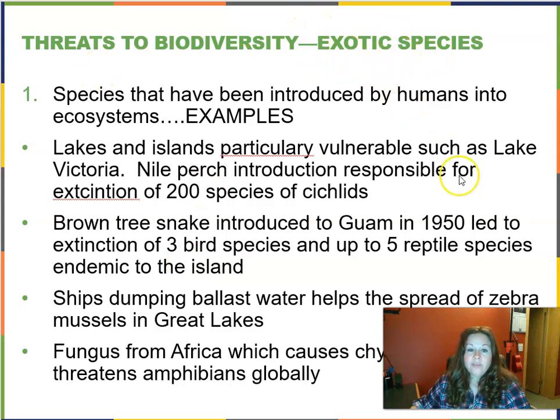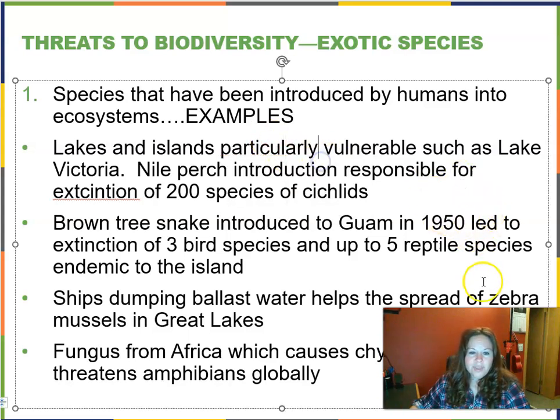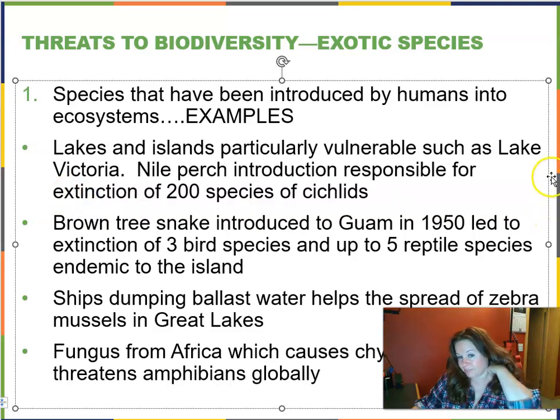Another threat to biodiversity includes species that have been introduced by humans into ecosystems. Sometimes it's accidental, sometimes it's not accidental. The lakes and islands are particularly vulnerable, like Lake Victoria. Nile perch that were introduced are responsible for the extinction of 200 species of cichlids there.